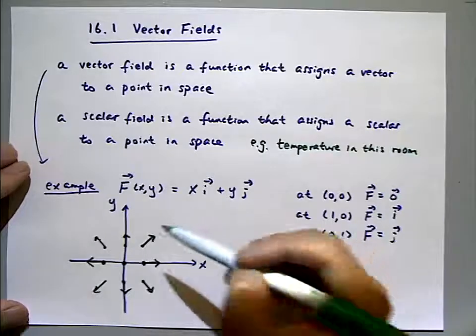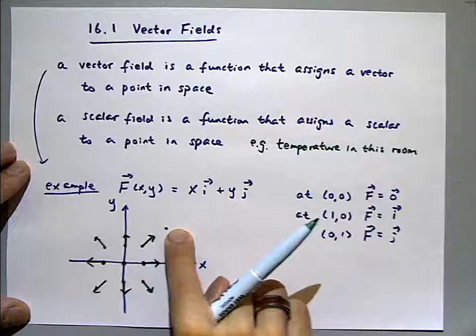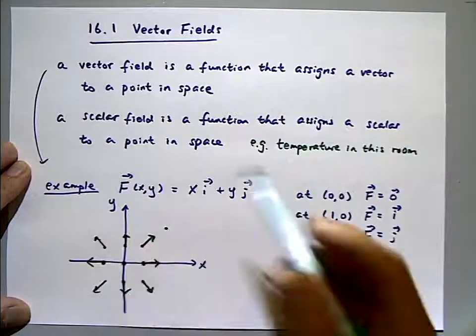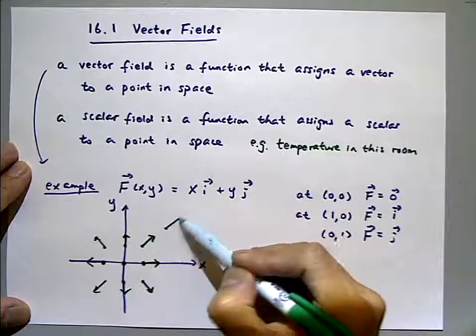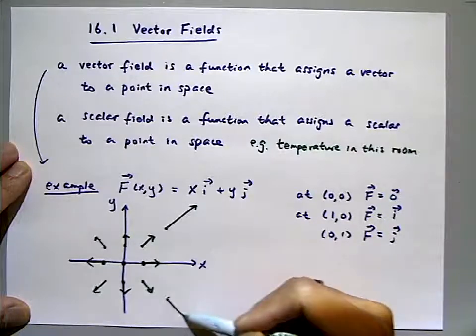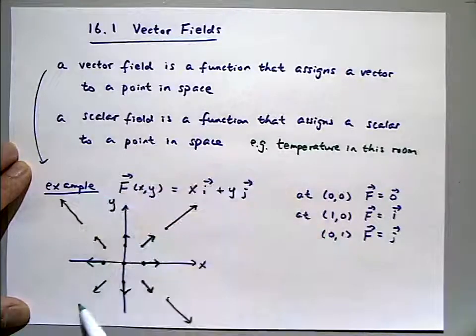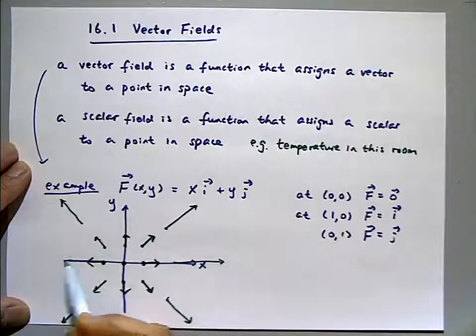If you go to 2, 2, for example, 2i plus 2j, that's going to make this vector right here much longer than that one. 2 units right, 2 units up, so it might look something like that. And this one, of course, similarly will look something like that. So these vectors get longer as they move away from the origin.